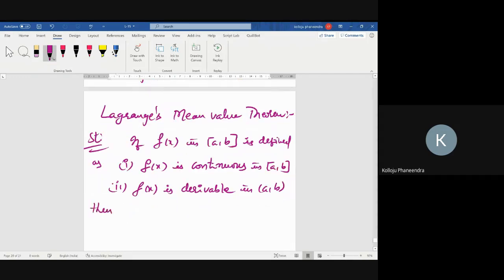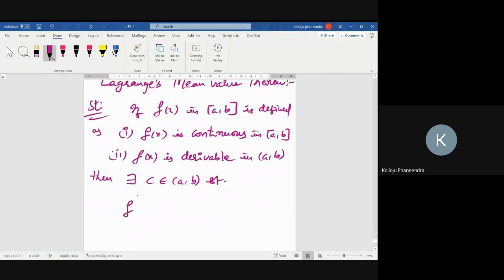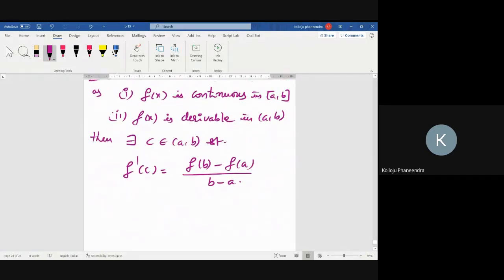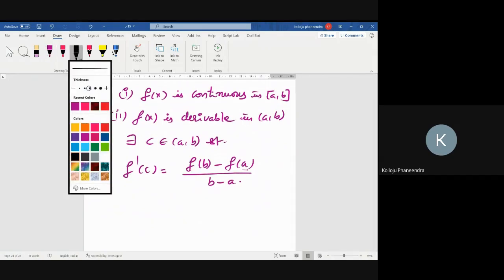Then there exists a point C belongs to open A comma B such that f dash C is equal to f of B minus f of A by B minus A. When f of A equals f of B, the numerator is 0, and Lagrange's theorem goes to Rolle's theorem.